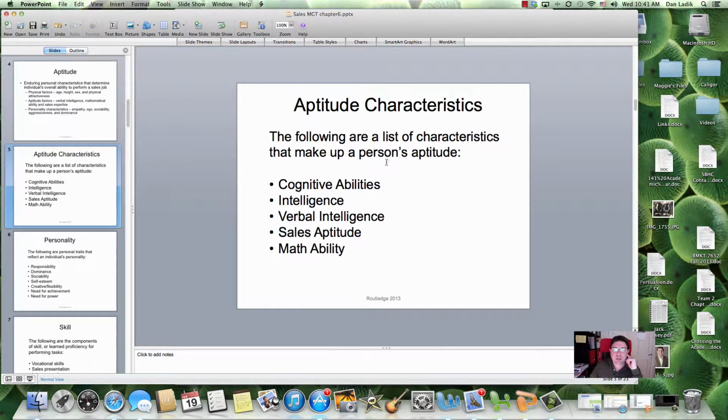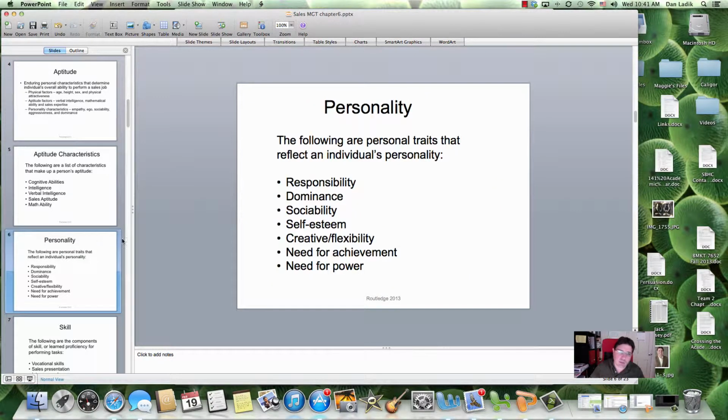Some aptitude characteristics, cognitive thought, intelligence. So this is thinking skills, this is pure intelligence, this is verbal communication skills, this is sales skills, and math. To be honest with you, I'm not so sure why all these math things keep coming up.